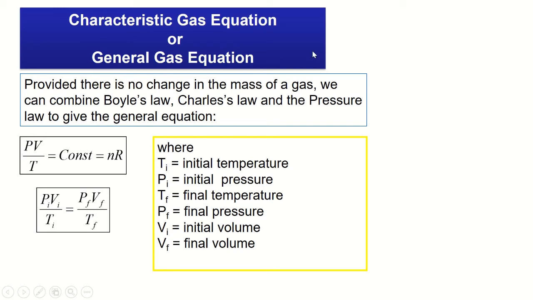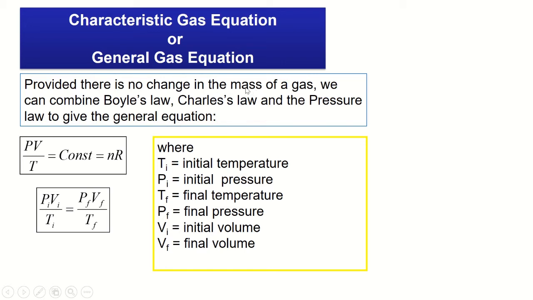Characteristic gas equation or general gas equation. So how can we define this characteristic gas equation or the general gas equation? We can define, provided there is no change in the mass of the gas, we can combine Boyle's law, Charles' law and the pressure law to give the general equation of the gas.